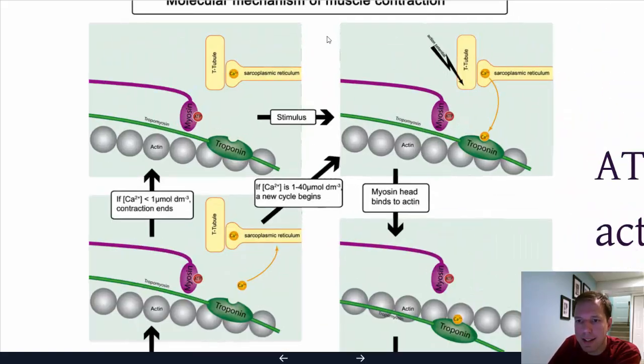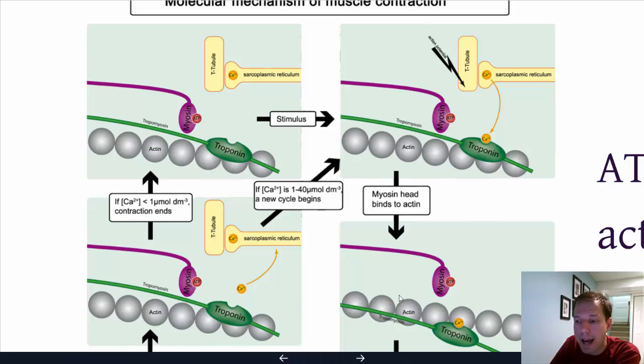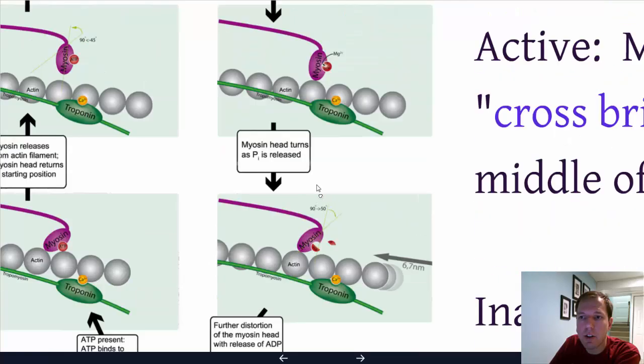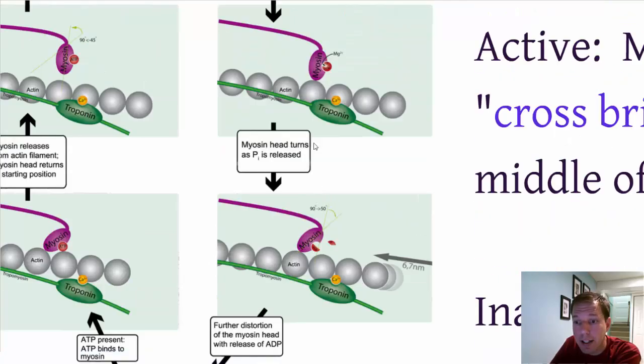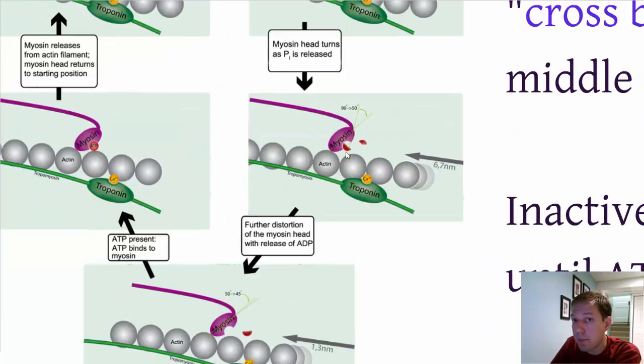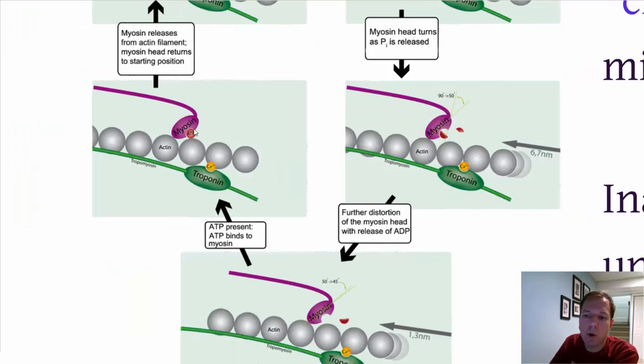That process is then potentially going to repeat as that tropomyosin will still be out of the way, and that's going to allow for a new binding of myosin to a new active site and a new hydrolyzing of ATP. The power stroke is going to happen. We're going to have myosin moving the actin slightly more to the left in this image, and then the end result is that a contraction is going to occur.